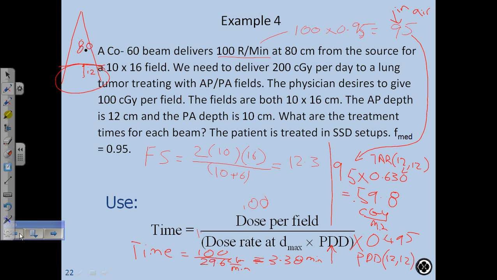I have a question. I think the FMED already took the tissue into consideration, because if it doesn't, the FMED should be 0.836 or 0.837. That's a conversion from roentgen to dose in air, but it's 0.995.